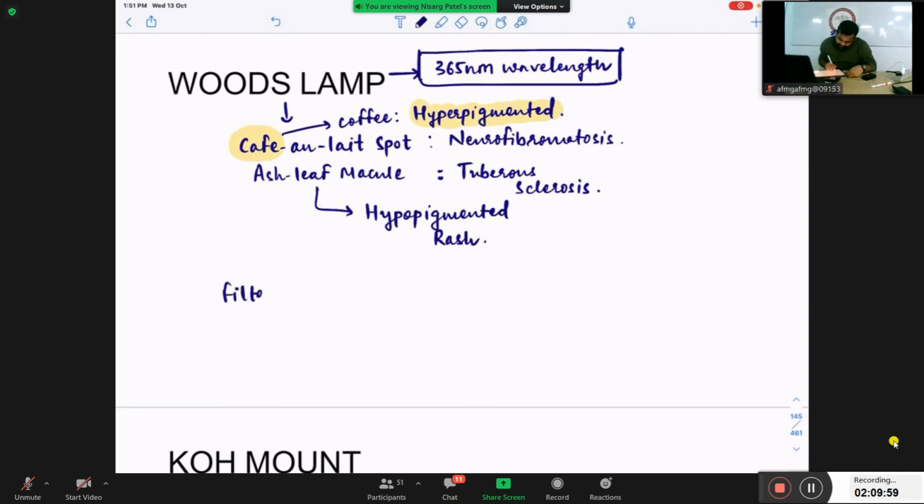They ask what the filter is made up of. The filter is made up of barium silicate and nickel oxide. Barium silicate and nickel oxide.